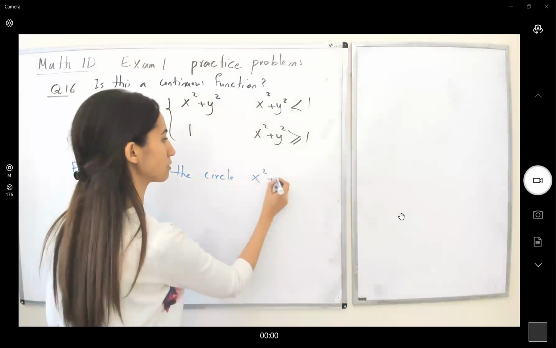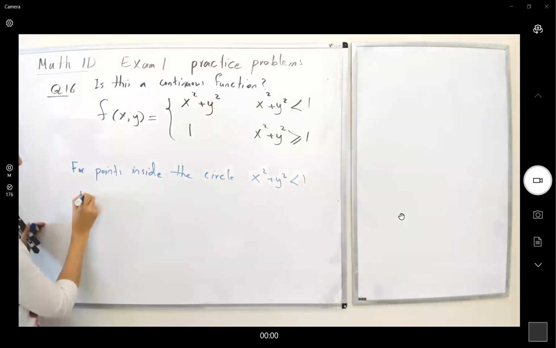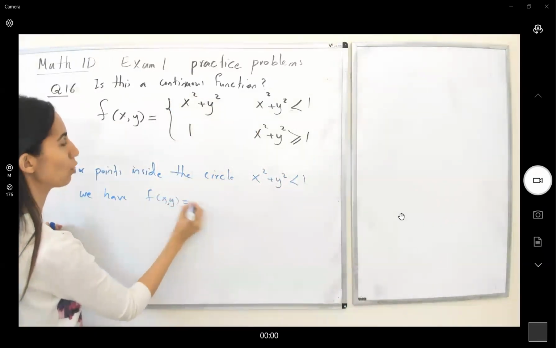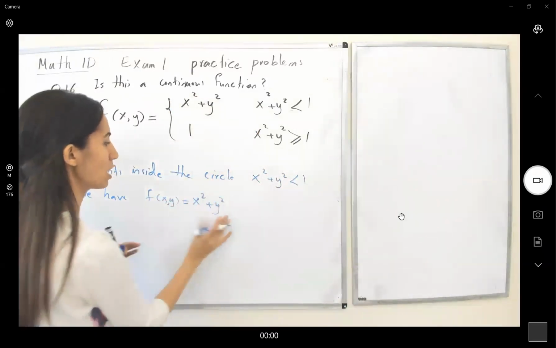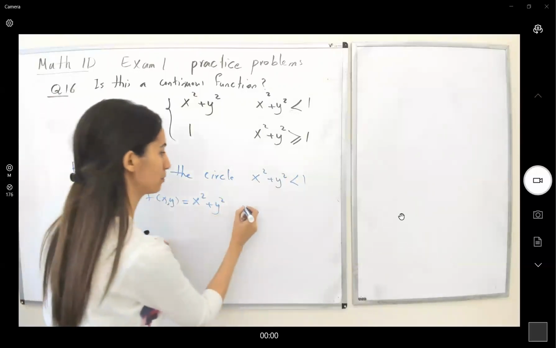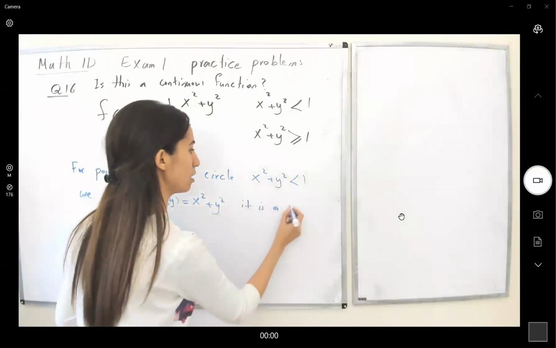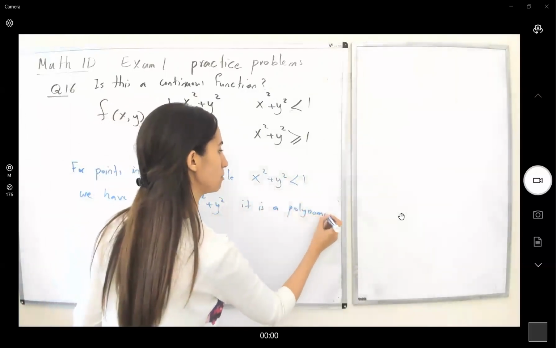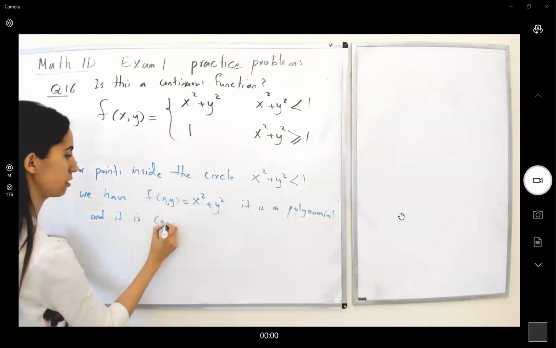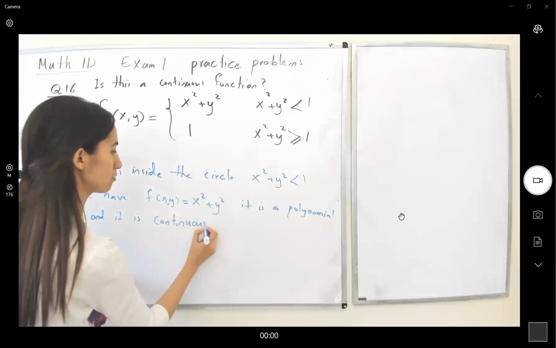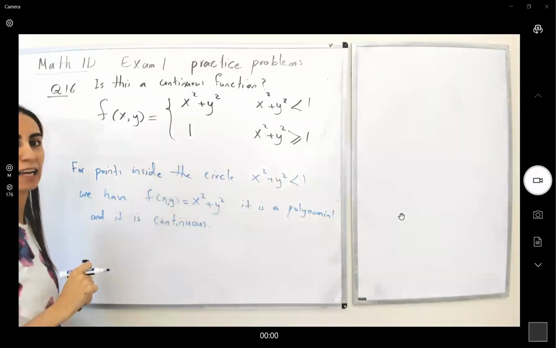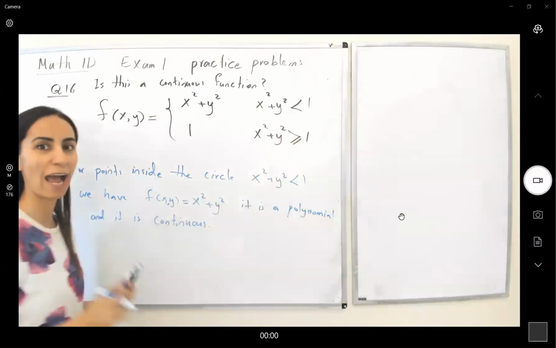We have f of x and y equals x squared plus y squared, and we know that this is just a polynomial and it is continuous.